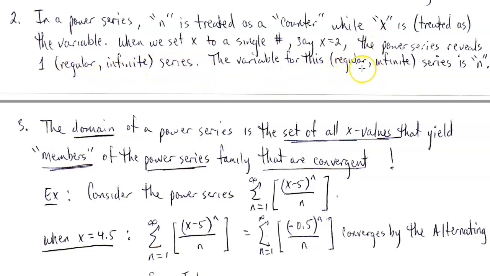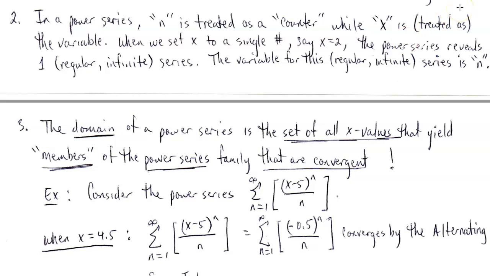The variable for this regular infinite series is going to be n. So once we actually plug in a value for x into the power series, it extracts out a single infinite series. And for the infinite series, its variable is going to be a subset of the natural numbers, which is what n is.